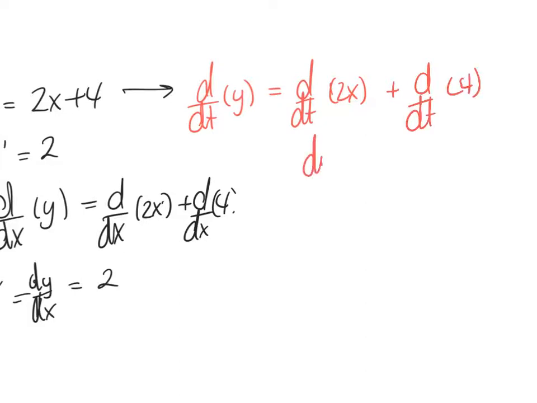I'm going to get dy dt is equal to 2 dx dt plus 0, because it is with respect to a different variable. The only time you don't slap on a y prime or an x prime is when it's with respect to itself, because dx dx is 1, but dy dx is not 1.